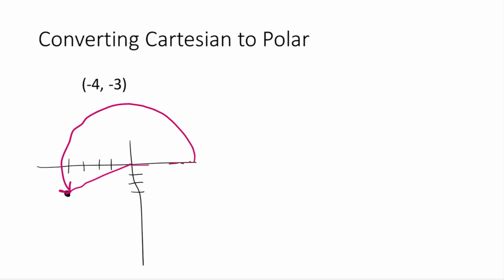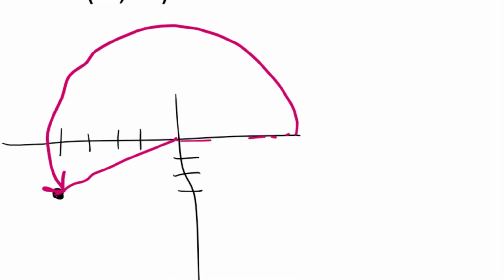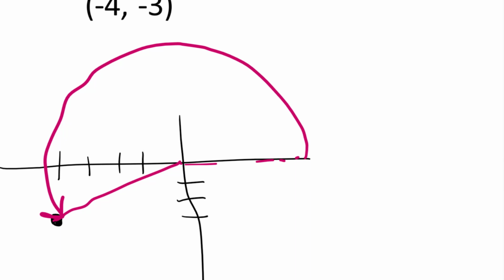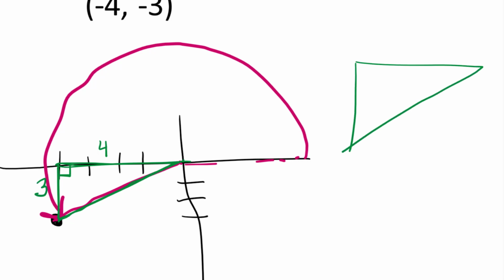I'm going to think about what that triangle looks like. I'm actually going to zoom in on this triangle. This triangle has a 4 over here, and it's 3 down, so it's got a 3 over here. So I'm going to redraw my triangle: 4, 3. It's a 3, 4, 5.